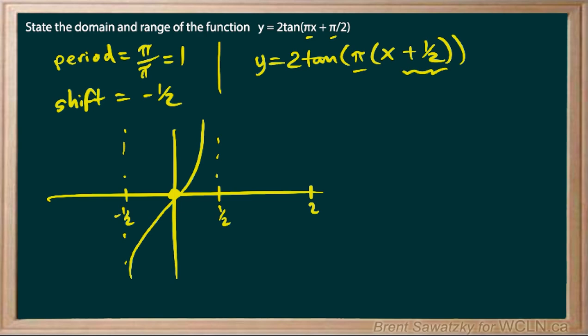Now, we've got a layout of this, and our asymptotes are clear, so domain and range easy from here, but we have to get the shift in place. So what we want to do is say that everything's shifting to the left by 1. So I'm going to just shift everything over.